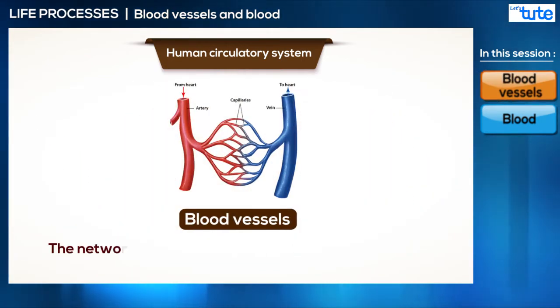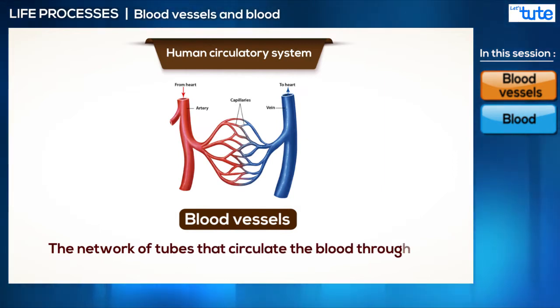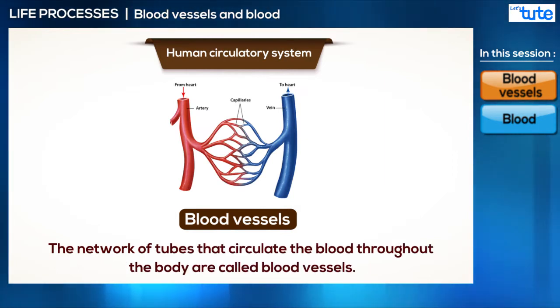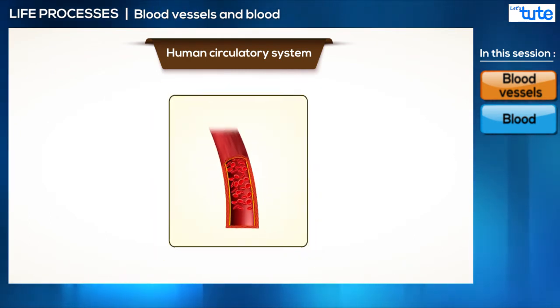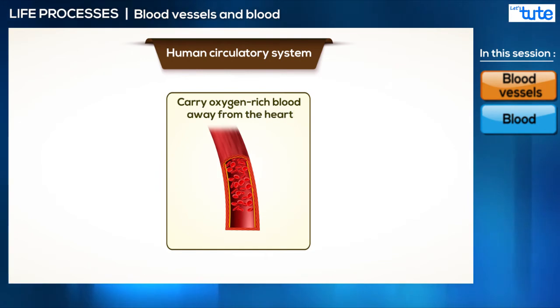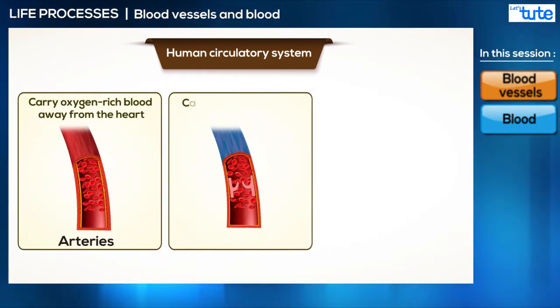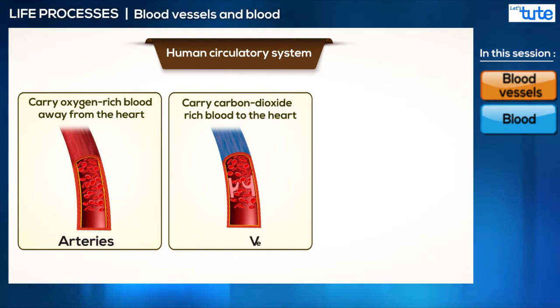The network of tubes that circulate the blood throughout the body are called blood vessels. These blood vessels are of different types. The ones that carry oxygen-rich blood away from the heart are called arteries. The blood vessels that carry carbon dioxide-rich blood from different body parts back to the heart are called veins.